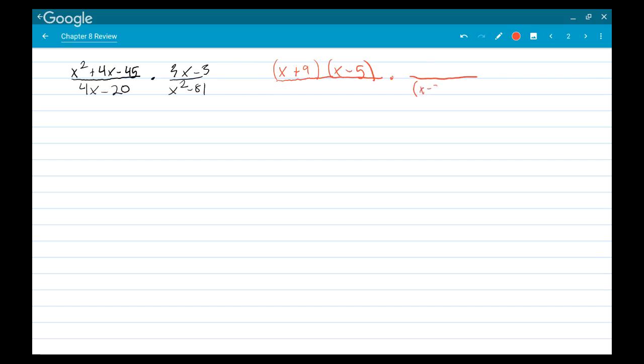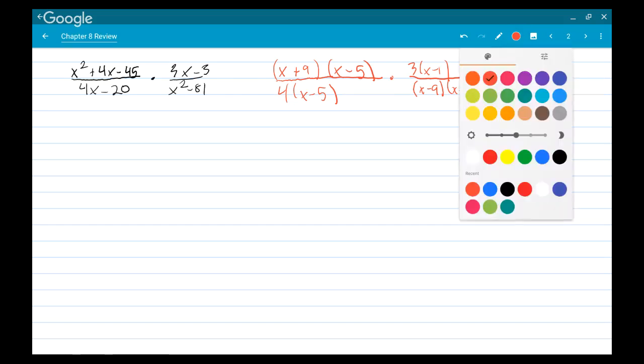So that's x minus 9 and x plus 9. And then in the other 2 places, we have a greatest common factor: a greatest common factor of 3 and a greatest common factor of 4 in the other 2 places in our fraction.